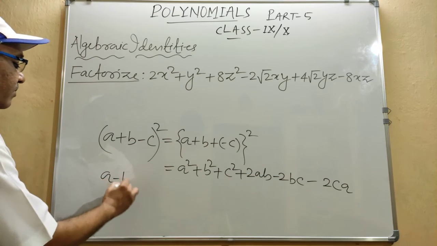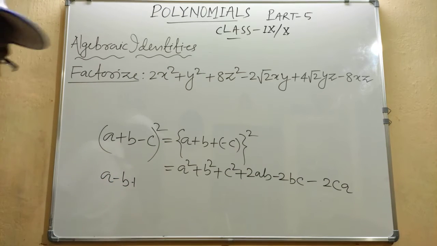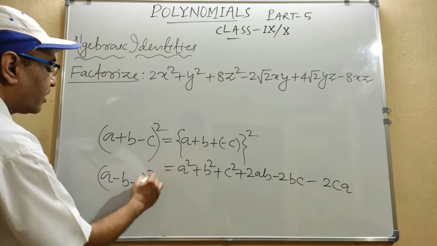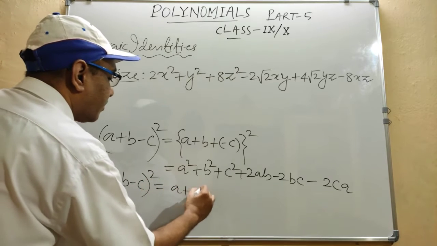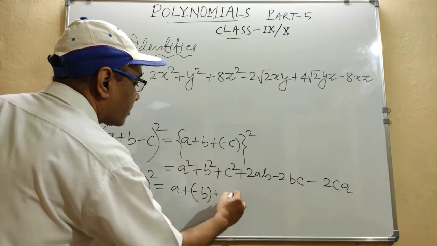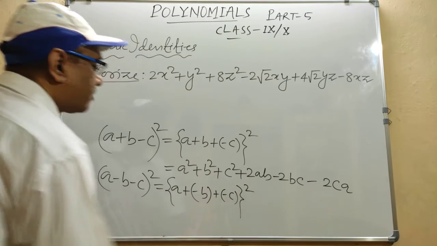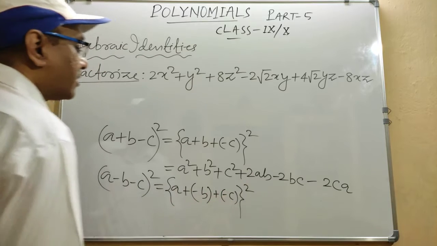Similarly, you can expand (a minus b minus c) whole square. It can be written as (a plus minus b plus minus c) its square. Now in place of b it is minus b, in place of c it is minus c.